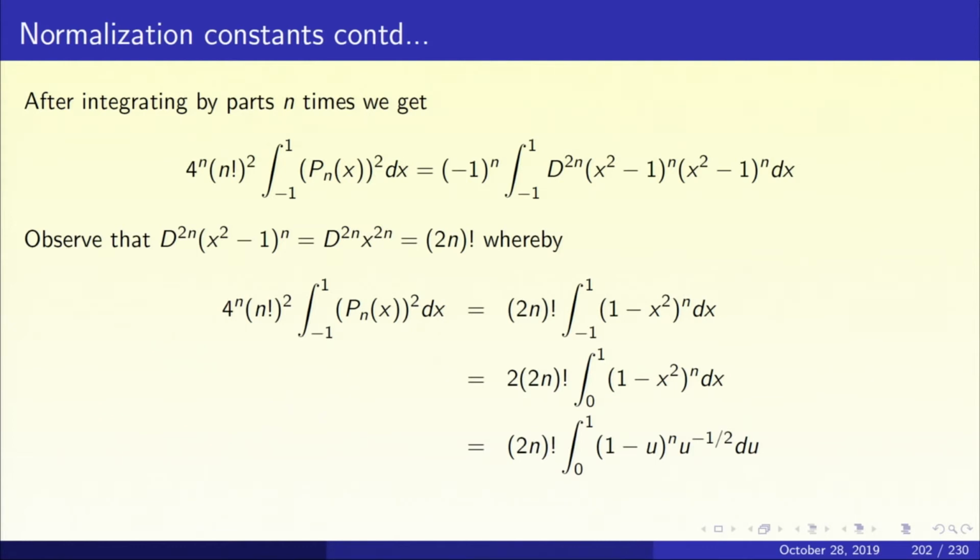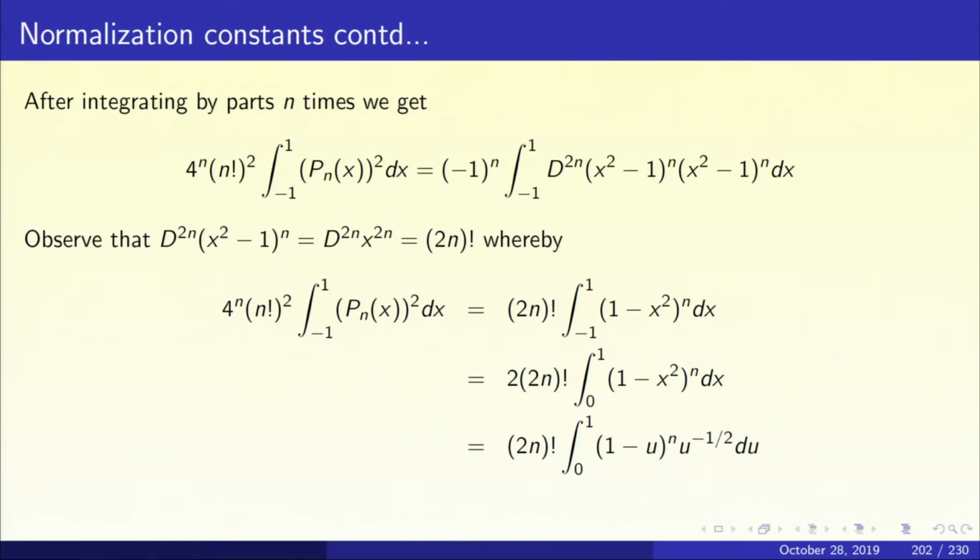and so it will be simply 2n factorial, whereby 4 to the power n into n factorial squared times the integral from minus 1 to 1 of (Pn(x)) the whole squared dx equals 2n factorial times the integral from minus 1 to 1 of (minus 1)(x squared minus 1) raised to the power n dx. Remember, I have a minus 1 to the power n outside the integral that was gobbled up by (x squared minus 1) to the power n, and you get (1 minus x squared) to the power n.